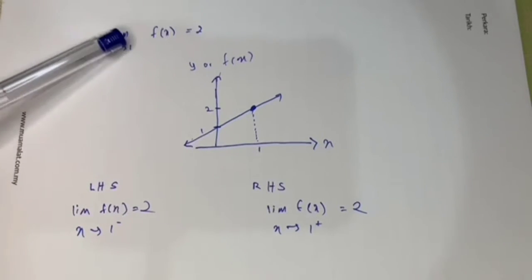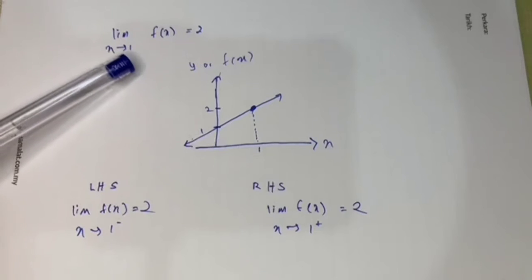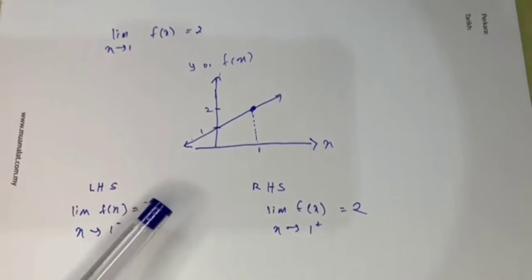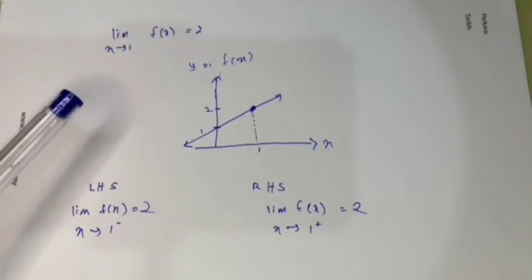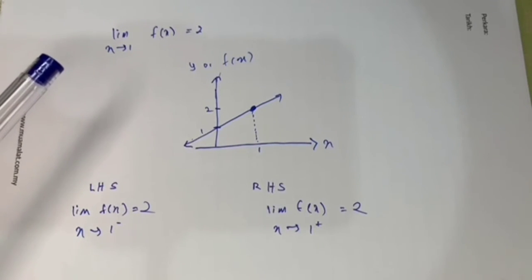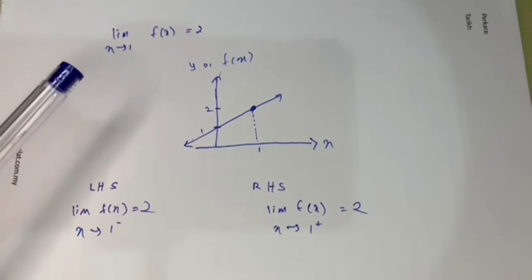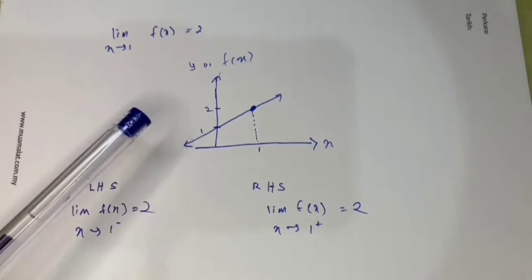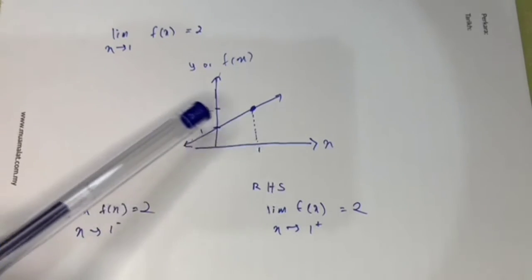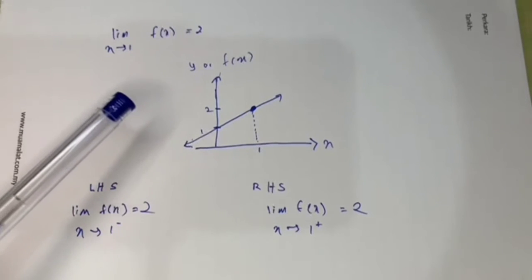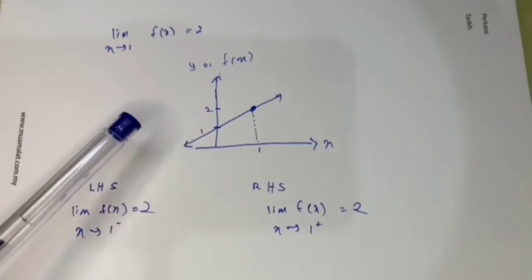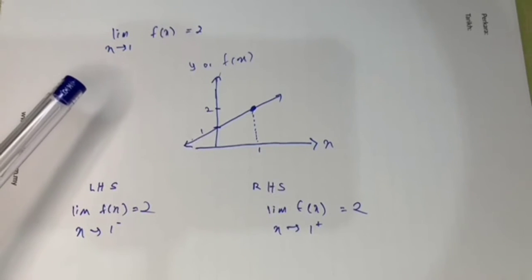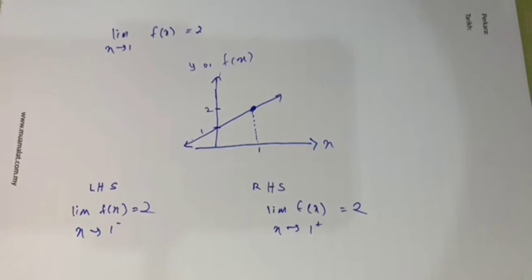The limit of f(x) as x approaches 1 is equal to 2. So from the graph, we can say that f(x) as x approaches 1 is 2 because y equals f(x). We have to check both sides of x approaching 1, and if both sides give the same value, then the limit exists.